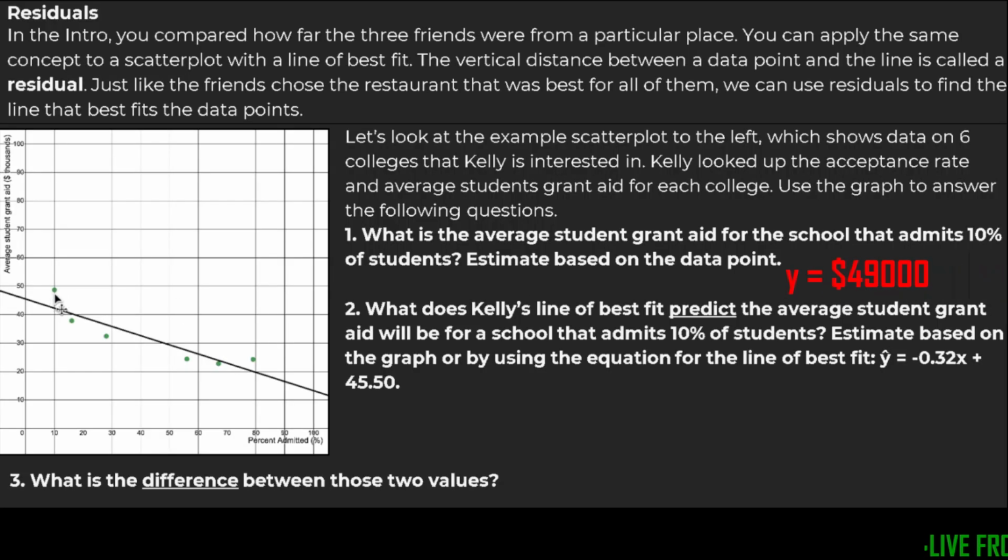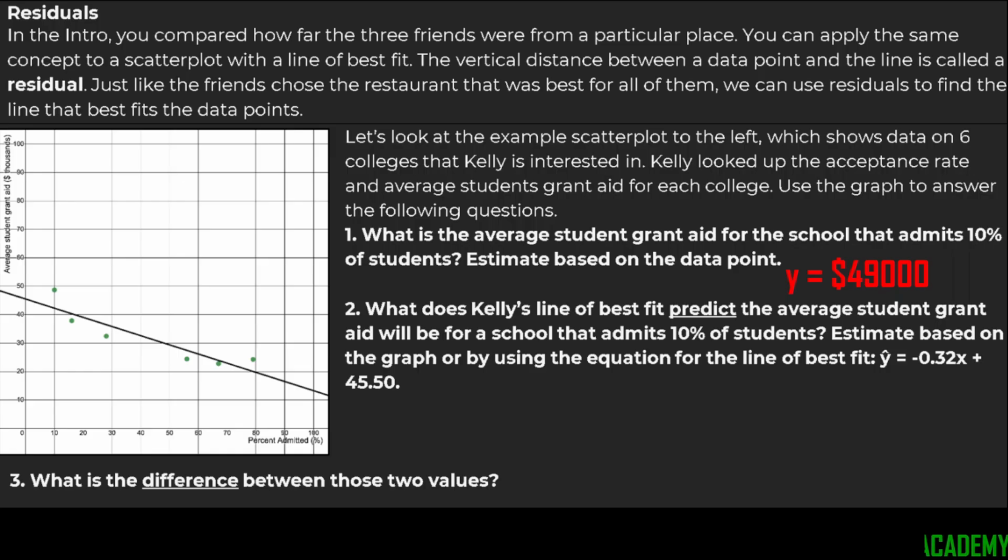Notice how this point right here is just below the 50,000. We're going to say y is approximately 49,000.